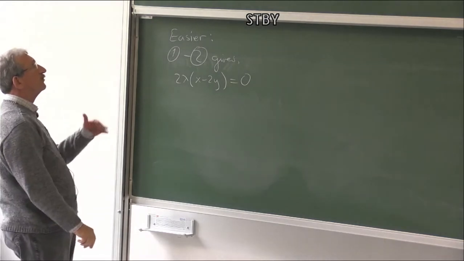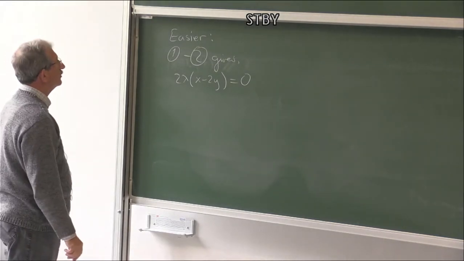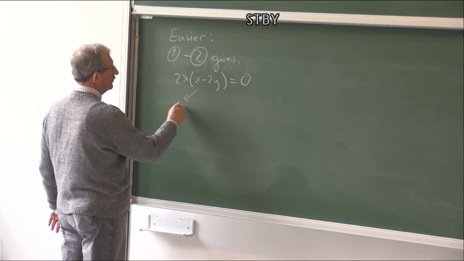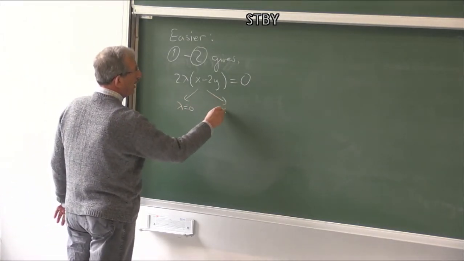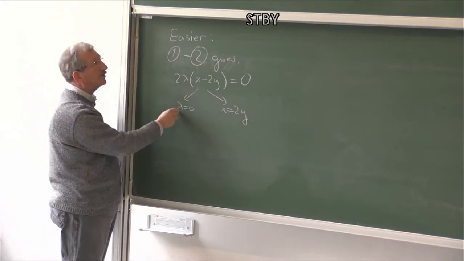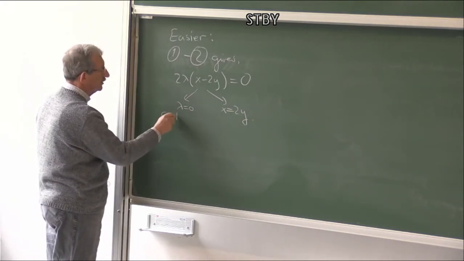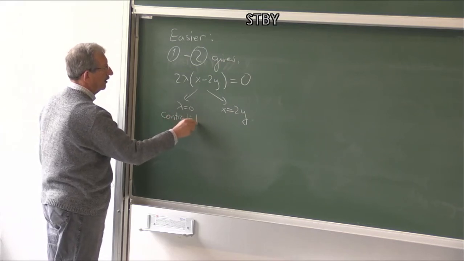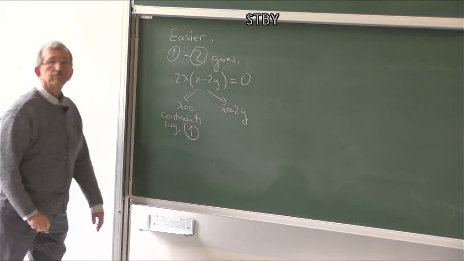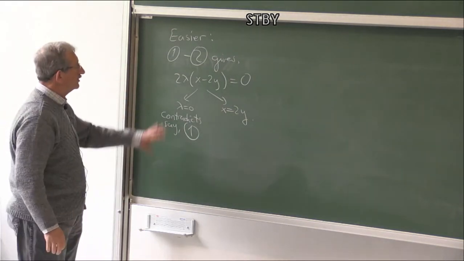That says we have two possibilities: lambda is 0 or x is 2y. But we already said that lambda cannot be 0, because it contradicts equation 1. 1 is not 0, so it's not possible.